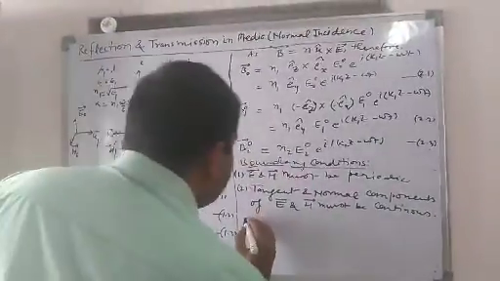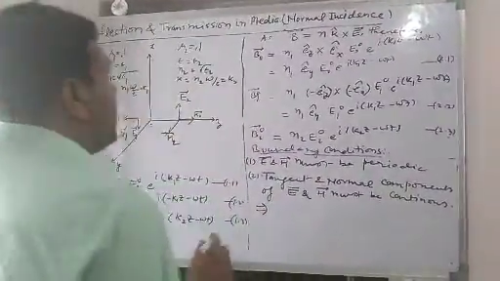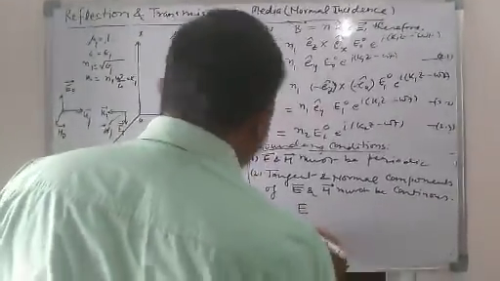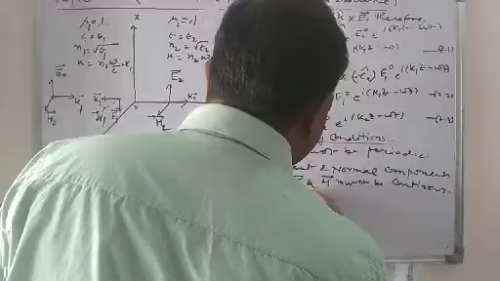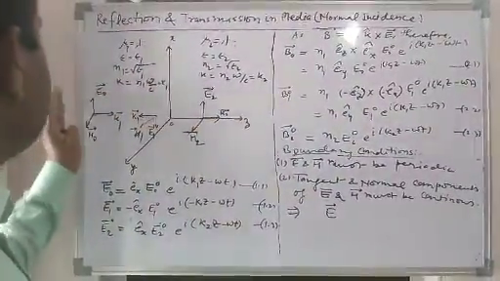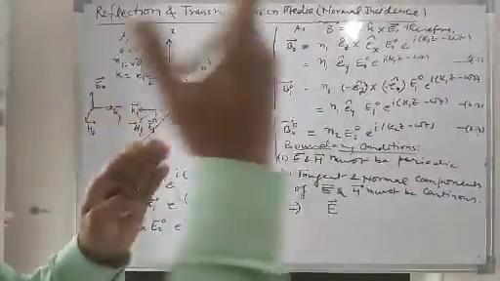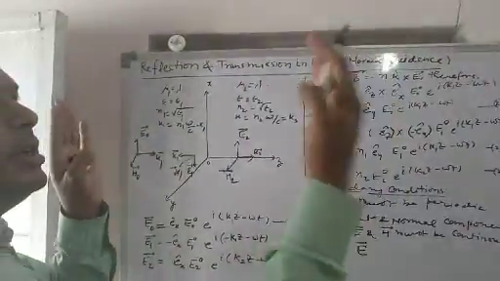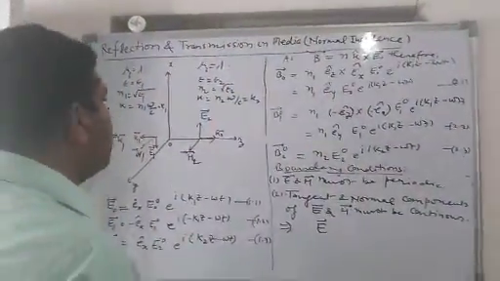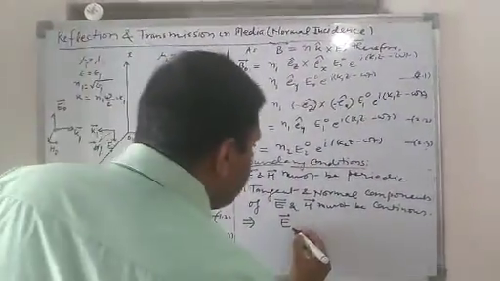So what does it mean? It simply means that the tangential direction is what? That's how your E vector is going. So all these parallel vectors should remain the same. So what is happening here?